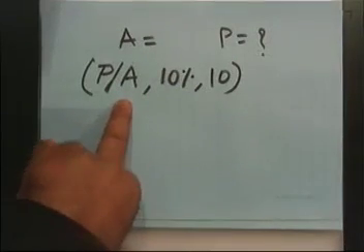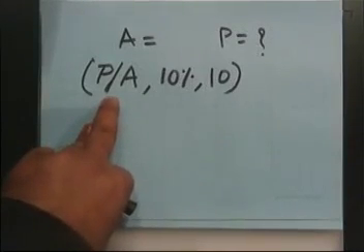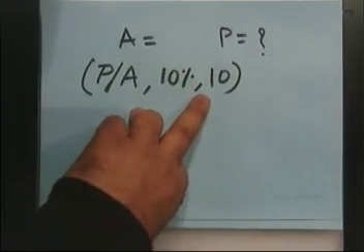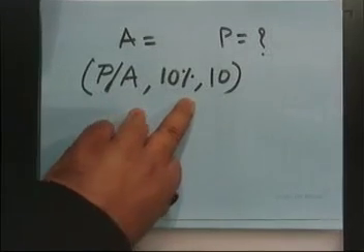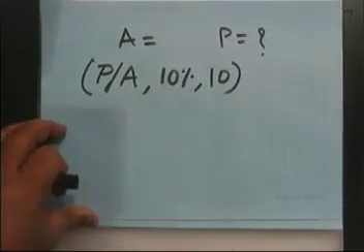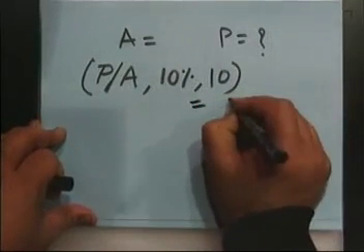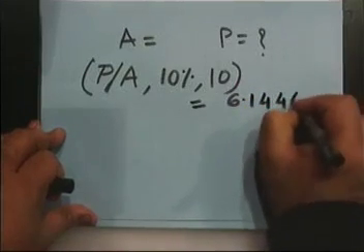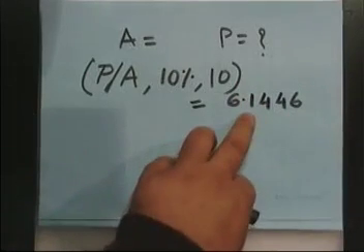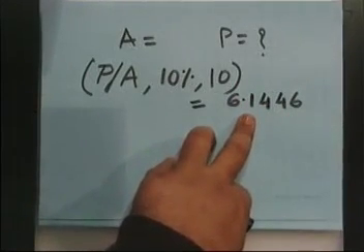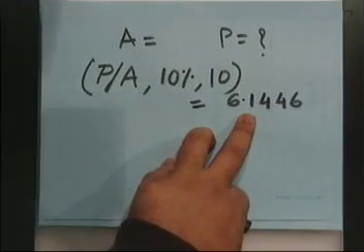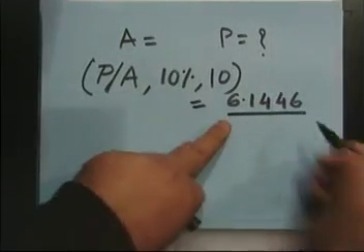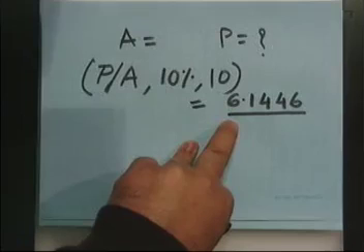So, I am interested in finding the value for P given A for an interest rate of 10% and n equal to 10 years. If you look at the interest table, this value comes to 6.1446. This value you can calculate either using the interest factor formulas or using the table. You will get a value of 6.1446.